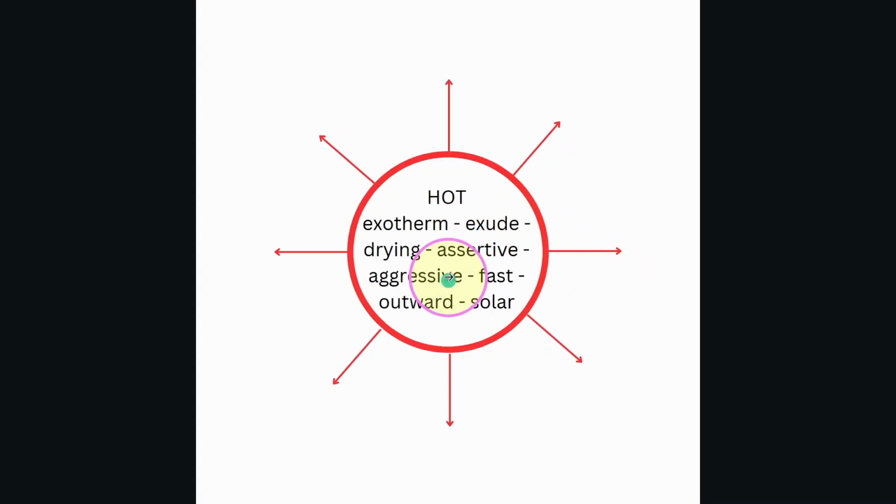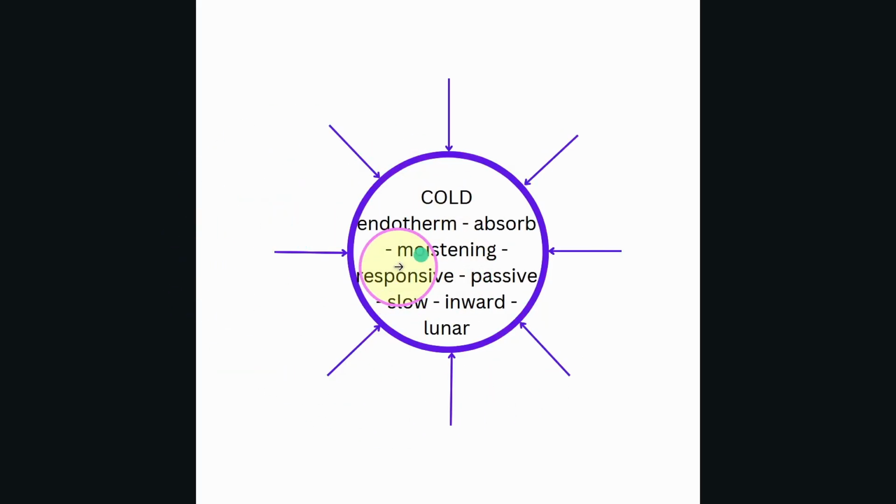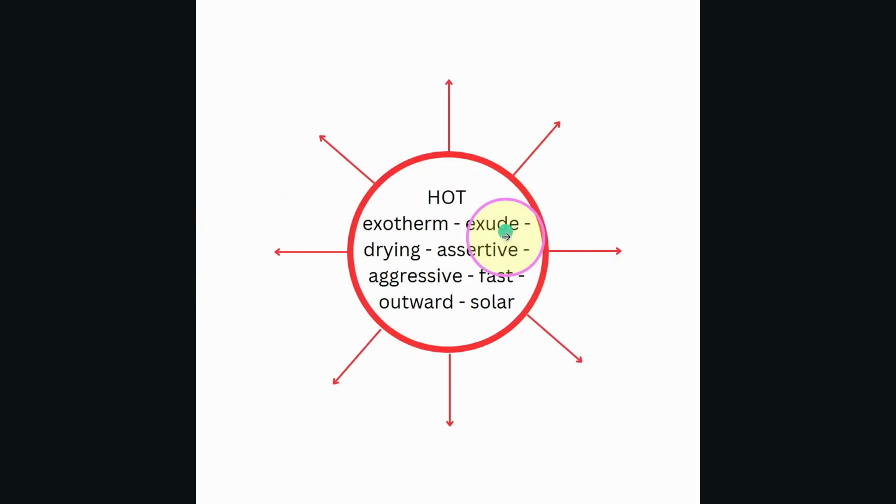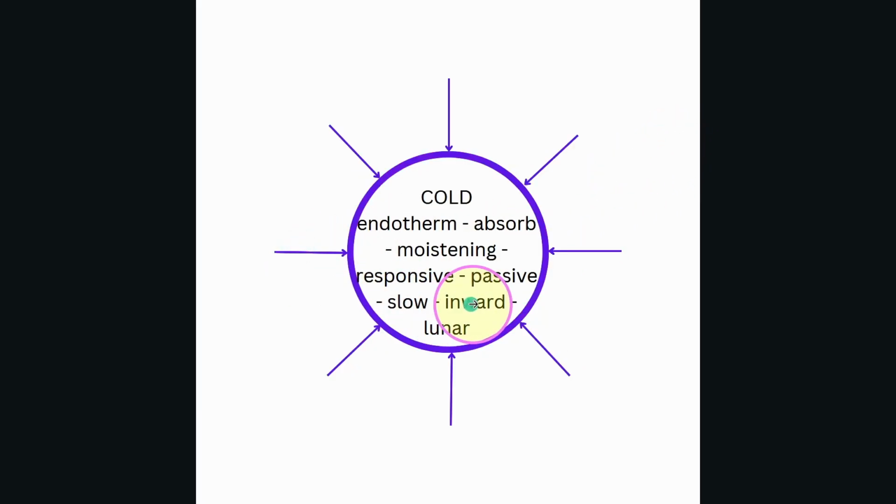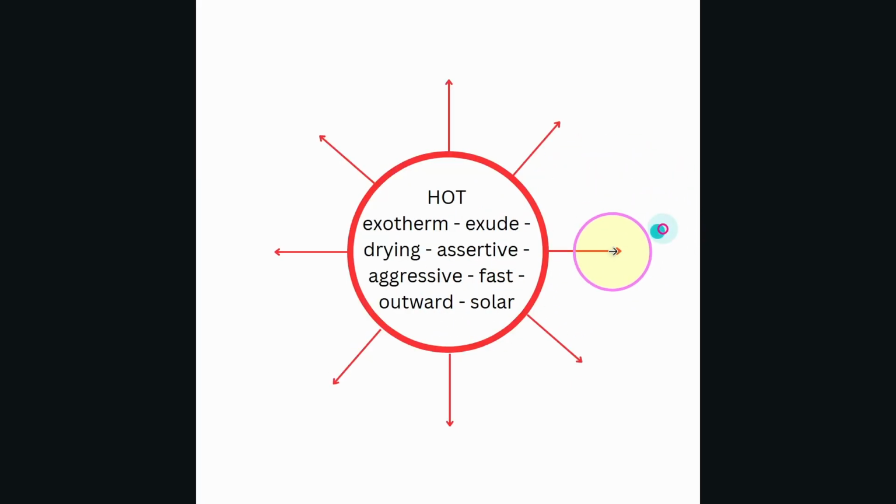Whereas a hot temperament is going to walk into the room as themselves and set the energy there, unless there's a whole bunch of cold in the room soaking it all up and they just peter out of all that heat immediately. Okay? So cold is more slow and inward and passive because it takes time to build up, whereas heat is fast. It's already there, it's already out, it's already dissipating.